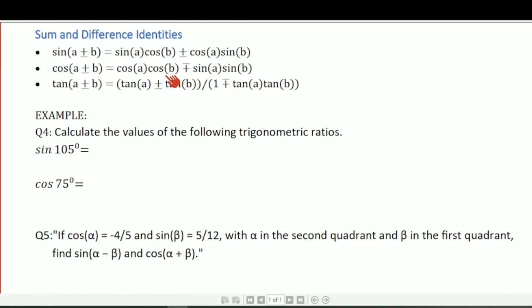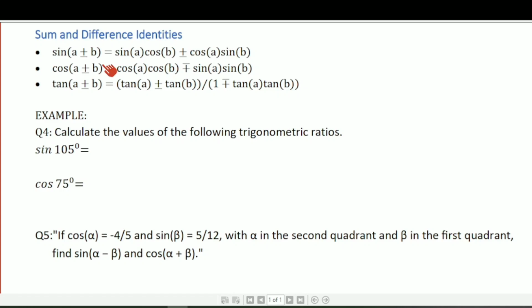We have three other trigonometric identities for the sum and difference of two angles. Sine of A plus B is equal to sine of A times cosine of B plus cosine of A times sine of B. If there is a plus between them, in the result, we have a plus in the middle of the two terms.